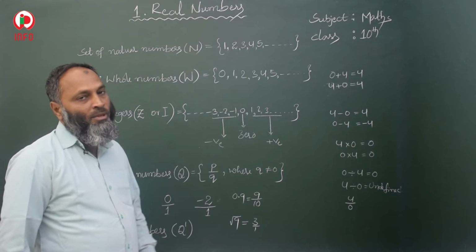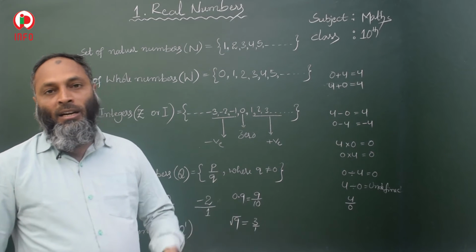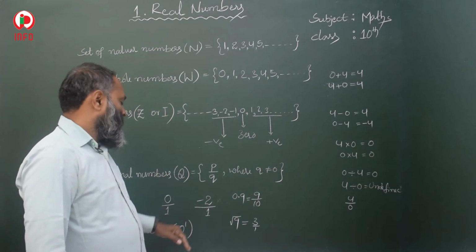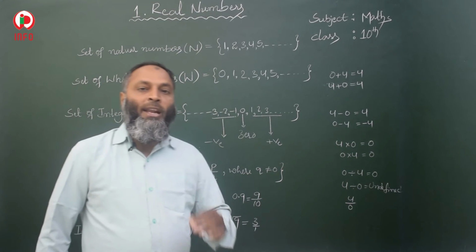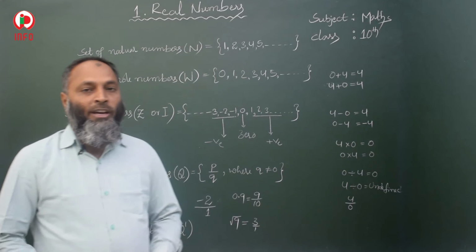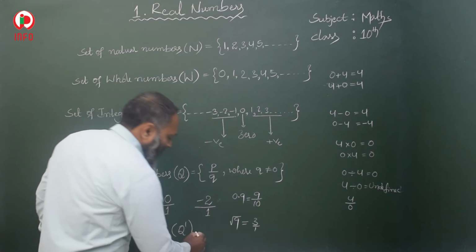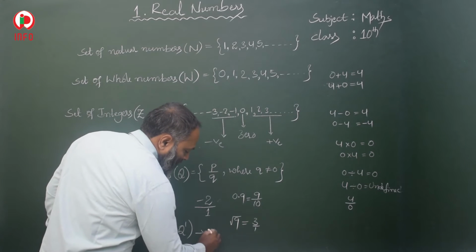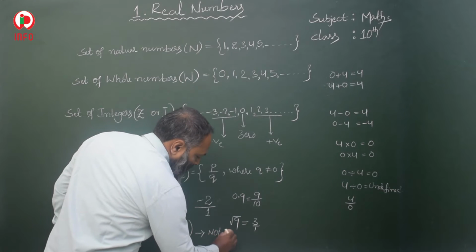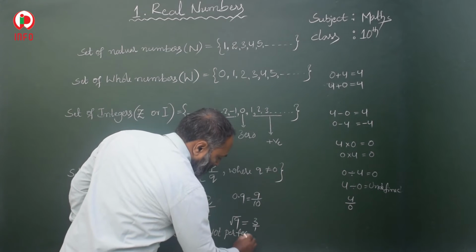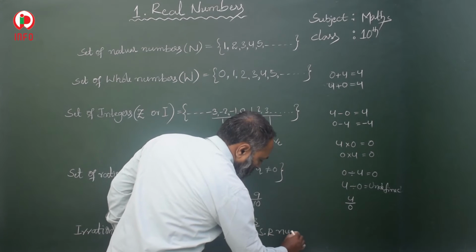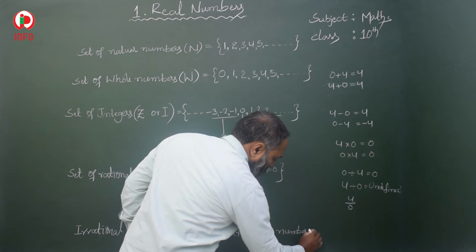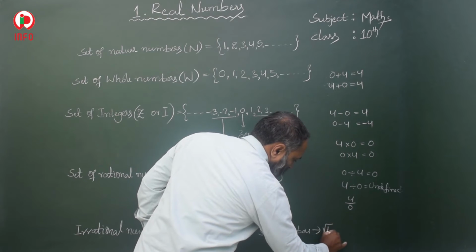Then what is the difference between rational and irrational numbers? The numbers which do not have perfect square root values are irrational numbers, like root 11.